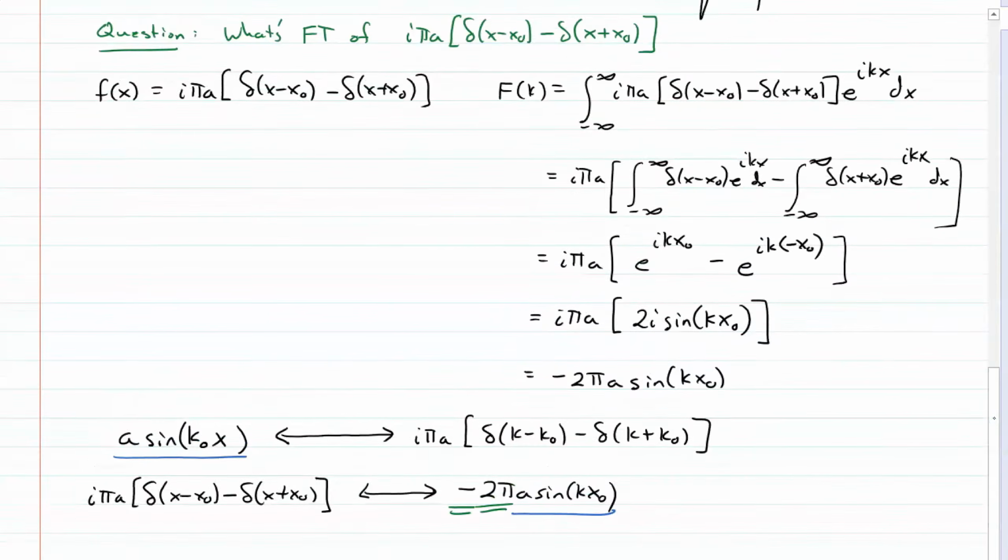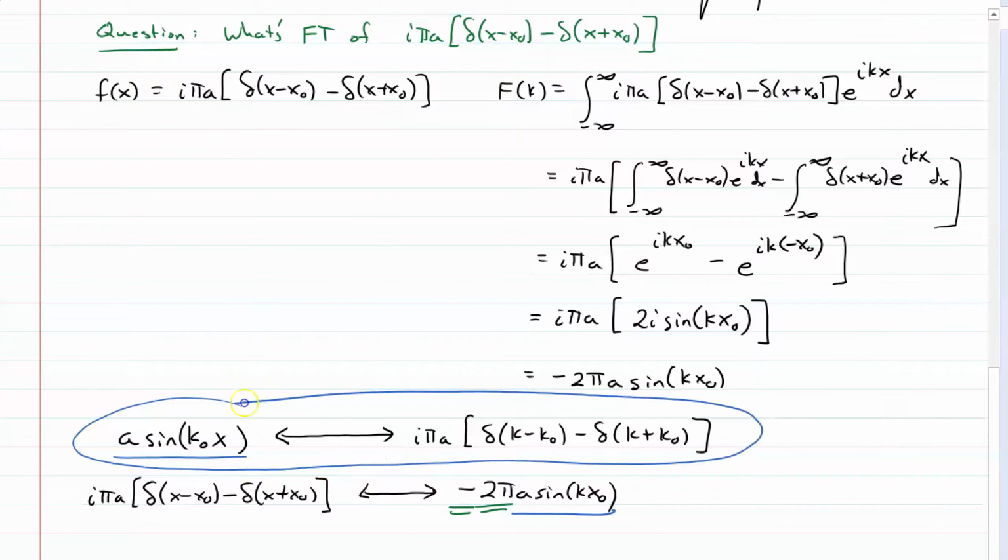And here's the idea. The idea is that if I know one Fourier transform pair, like suppose I know this pair, then actually I know another Fourier transform pair, which is that if I take the function on the right and have it be a function of x, then I can tell you right away what its Fourier transform is.